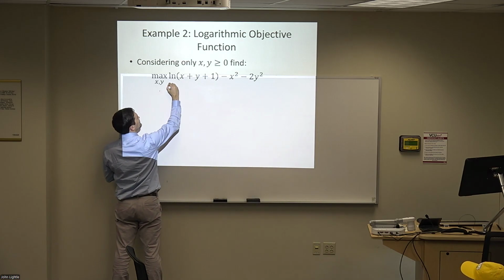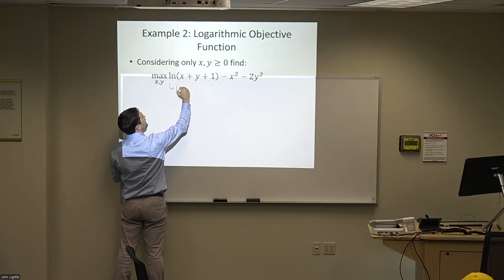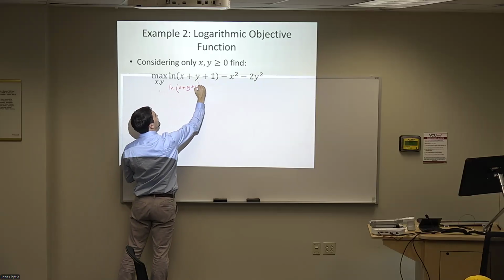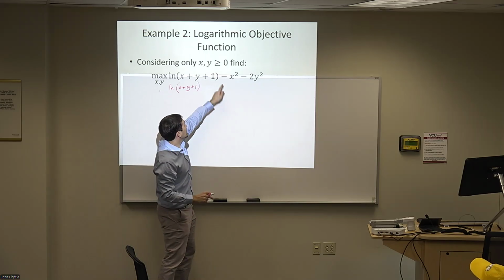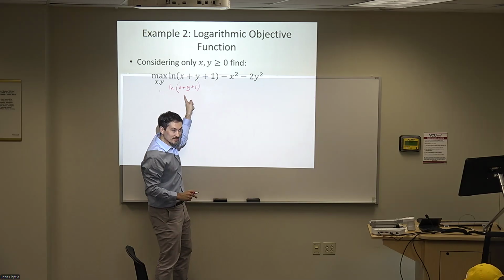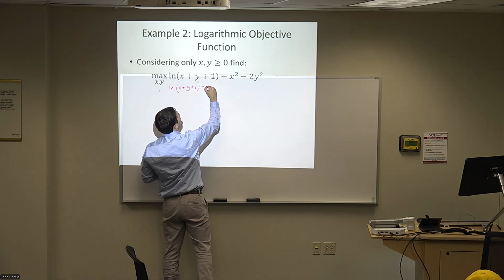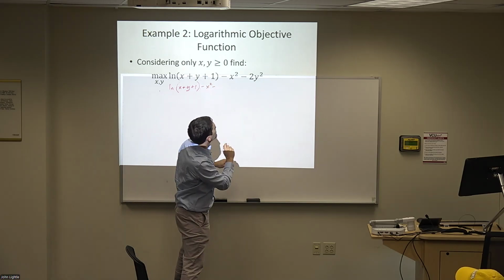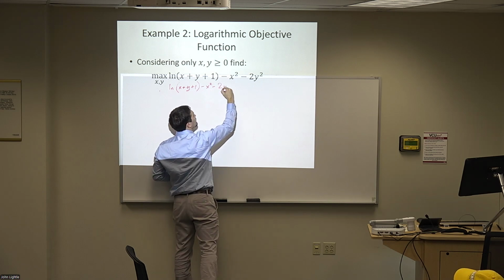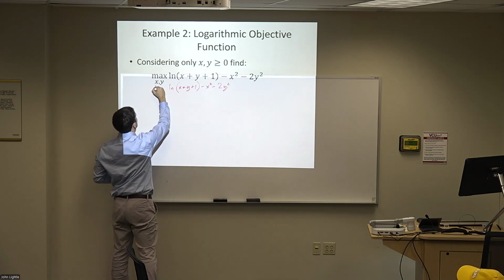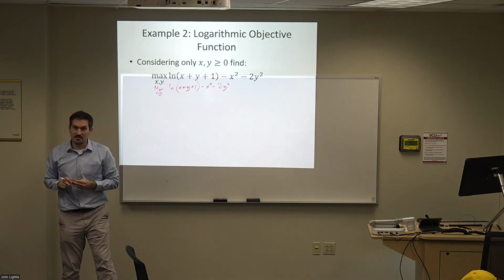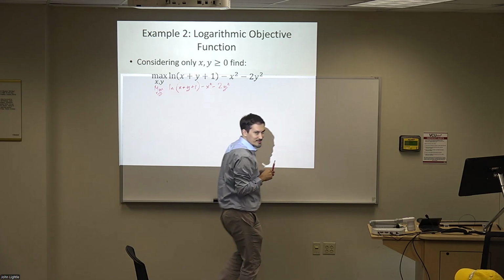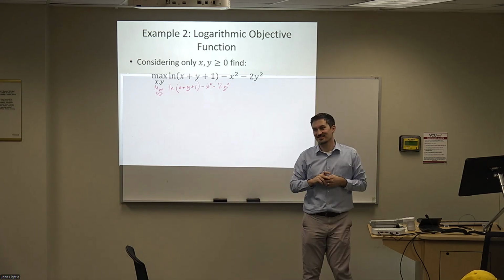The function is the natural log of x plus y plus 1. By the way, I know that you would have a problem, but these are always positive, so this is always positive. Minus x squared minus 2y squared. We're trying to maximize this. Okay. Let's do exactly what we did before, but now for this new function.